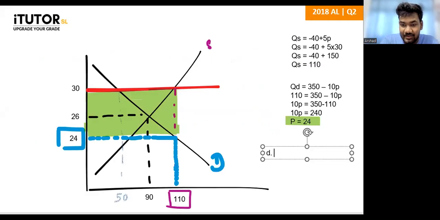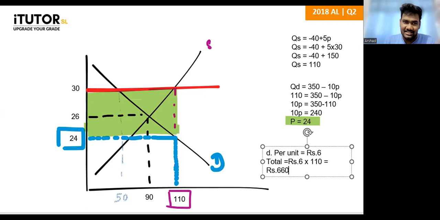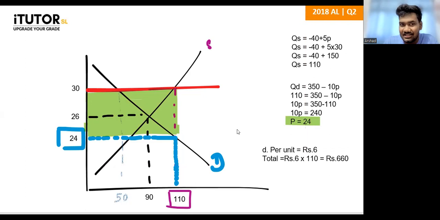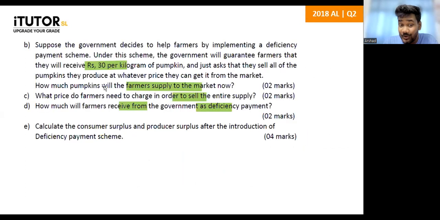You can say per unit they will receive 6 rupees. So therefore, in total, they will receive 6 into 110, that is 660. So even if they ask per unit or total, you have given a complete answer. So now the examiner knows, whatever it is, they'll give you the marks. So be very careful, because you don't know how much the farmer will receive as deficiency payment.